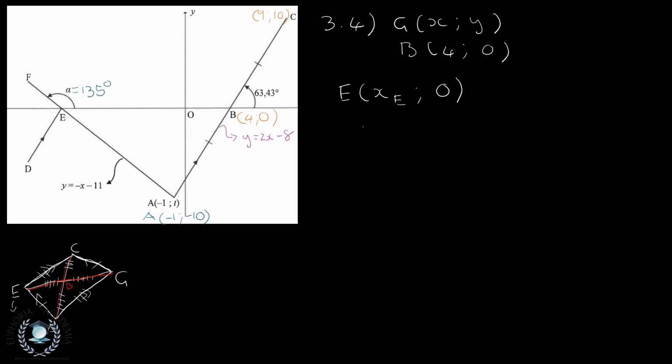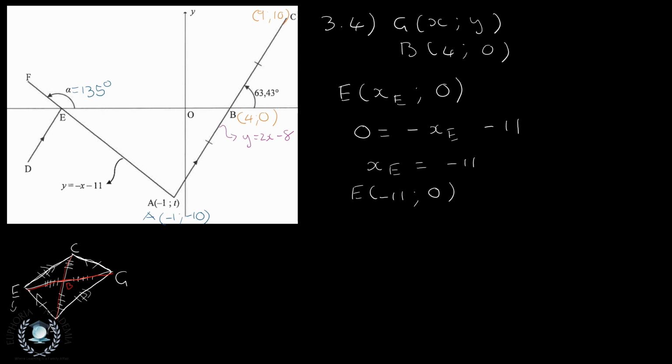As we substitute, we're going to see that 0 is equal to minus xE, that's what we're trying to find, minus 11. And then after some algebra, we're going to see that xE is going to be equal to minus 11. So that would mean the coordinates of E are actually minus 11 and 0.